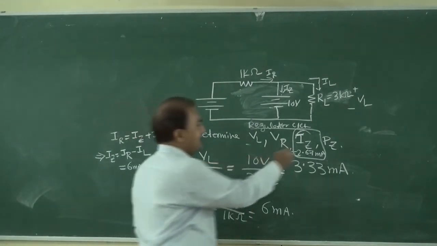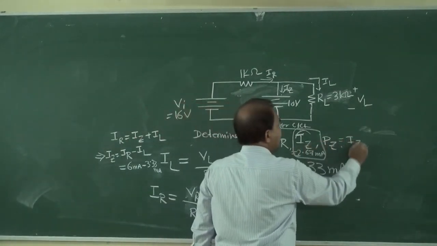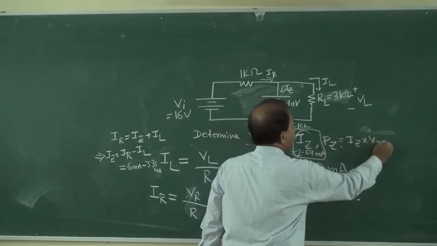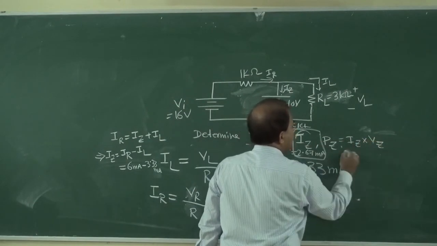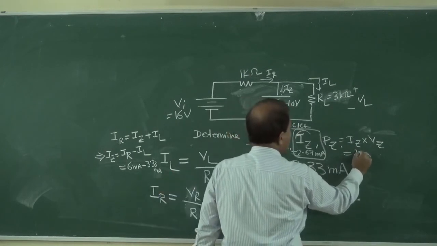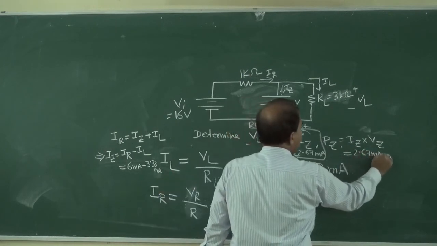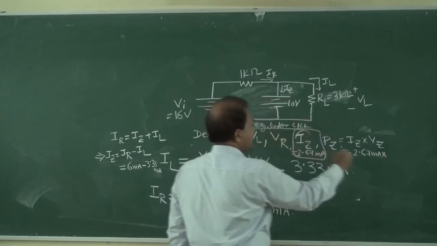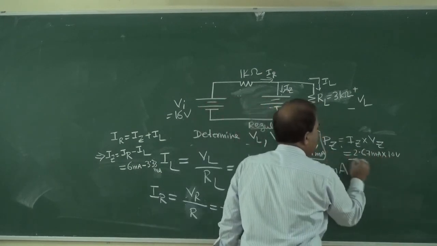Then we can calculate Pz, which is equal to Iz into Vz. Iz we have calculated, it is 2.67 milliampere, into Vz, which is equal to 10 volt.